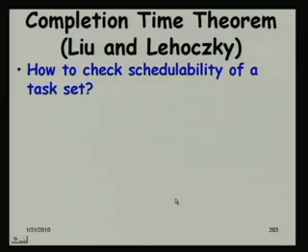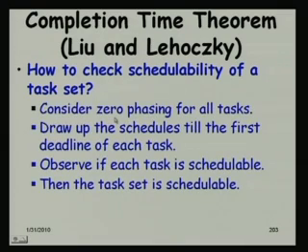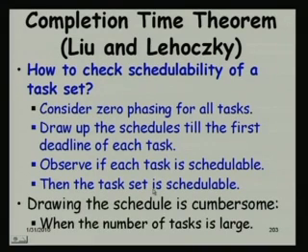We will look at the reasoning behind this theorem shortly, but let us see how we use this theorem to check the schedulability of a task set. First, we need to make all the phase information 0, and then for each task we draw the schedule till the first deadline and check whether all tasks meet their first deadline; if so, the task set is schedulable.